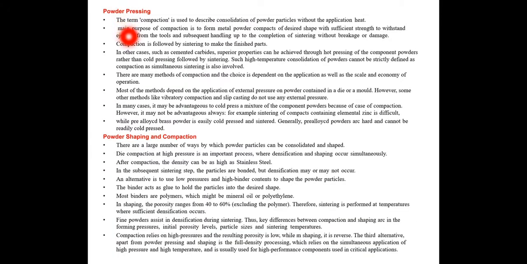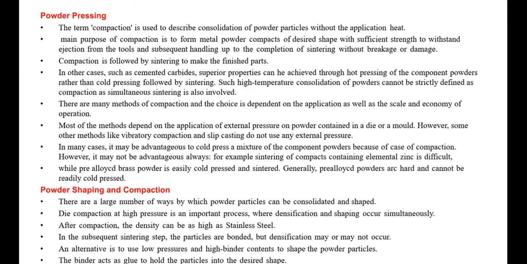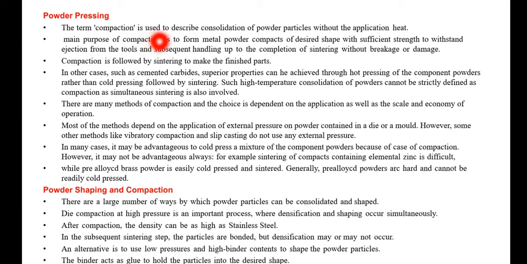Powder pressing. Compaction means pressing, and it is used to describe consolidation. Consolidation means the powders are grouped and mixed with each other. Compaction may be done with or without the application of heat. The main purpose of compaction is to form metal powder compacts of desired shape with sufficient strength.